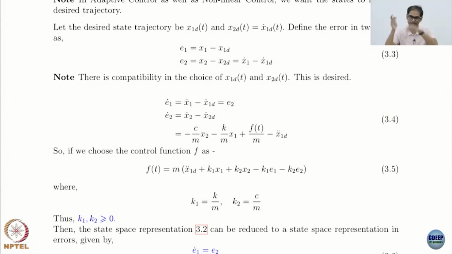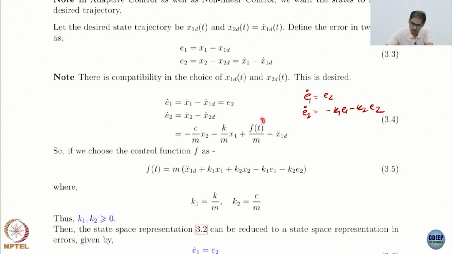What is the nice system in this case? I know that this is a nice system, a damped oscillator, and I know that this will do a good job. So I want to follow this system.